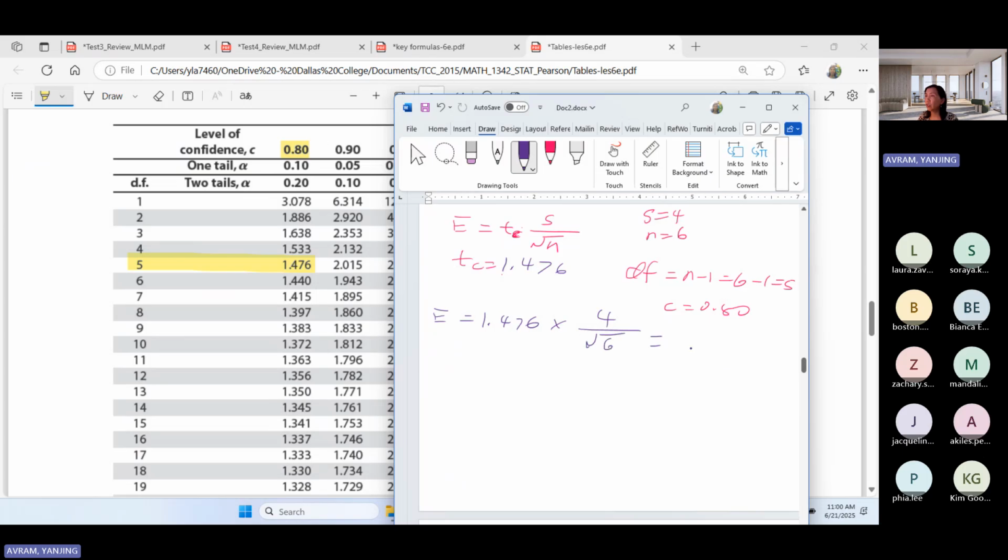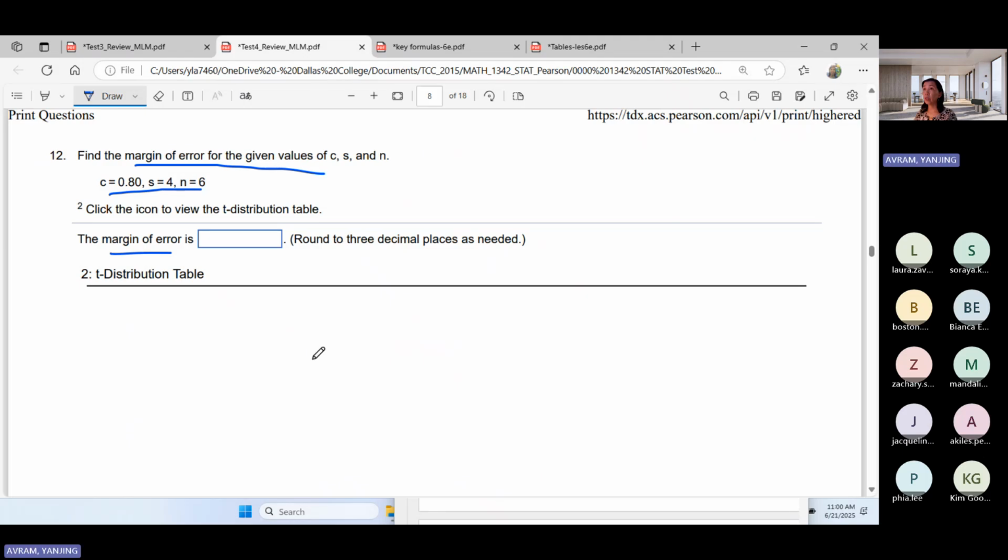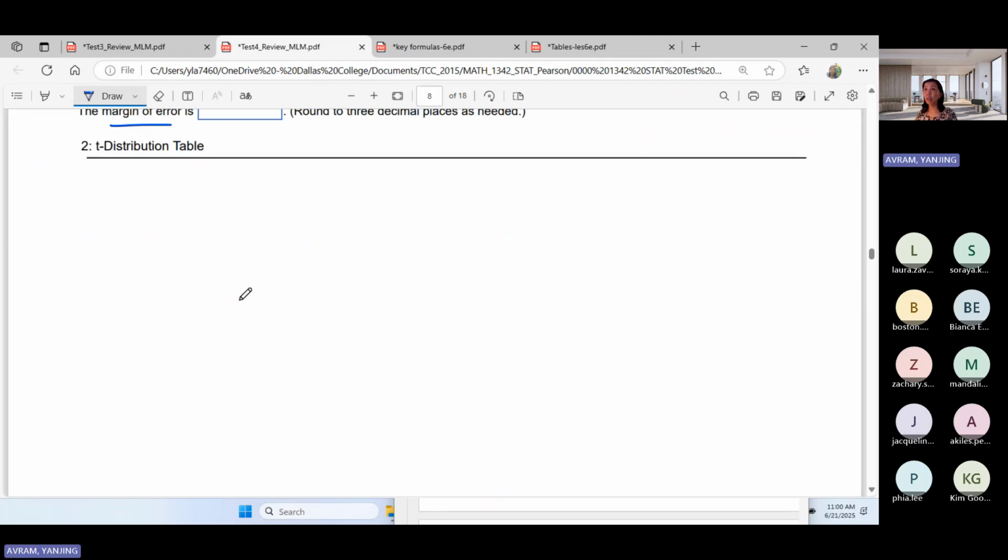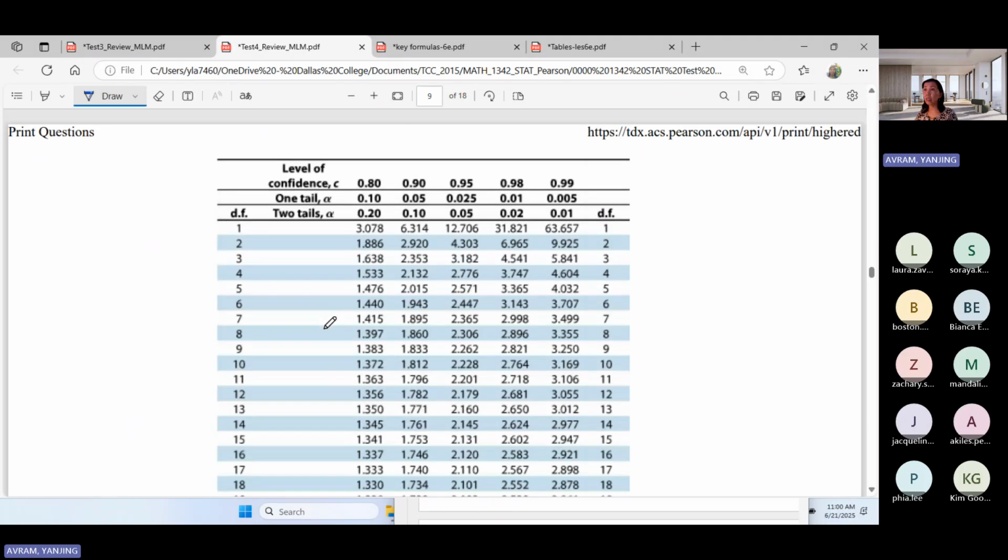And then we just calculate this whole thing. Multiply the numerator and then divide by this one. You can put it in a calculator and find the answer on your own. That should be easy. All right, so that's how you find the margin of error for this chapter 6.